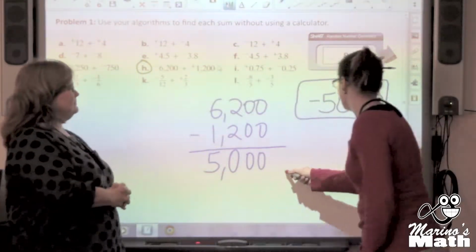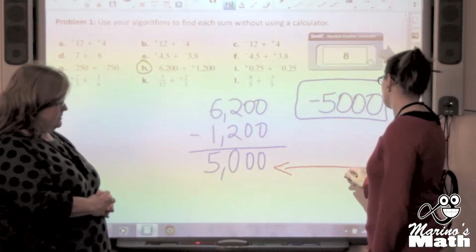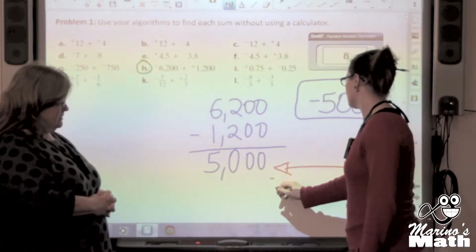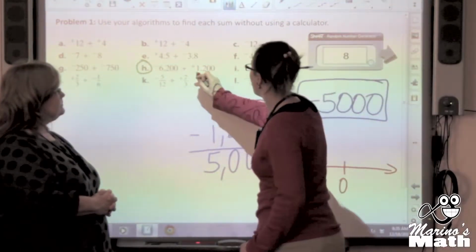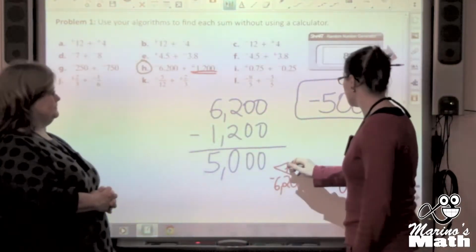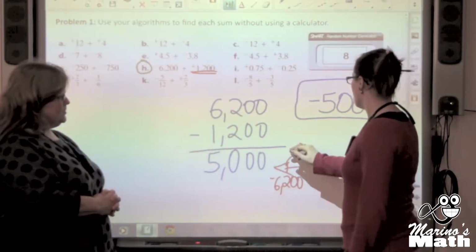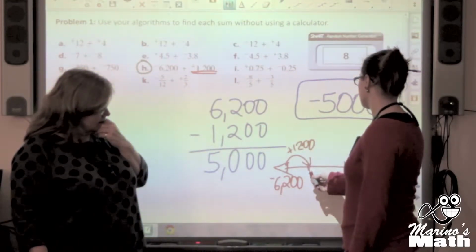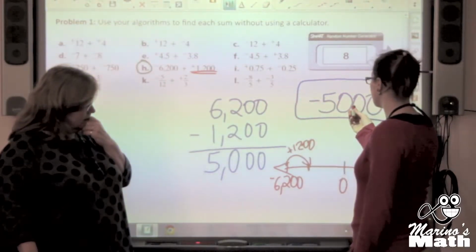I also like to look at it as far as a number line goes. Here is 0, here is negative 6,200. And since we're adding a positive amount, we need to move to the right. Yeah, that makes sense. So it's still going to be 1,200. I know I'm still negative, but I'm definitely closer to 0 by 1,200, which is that 5,000.